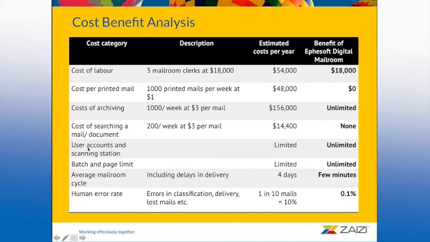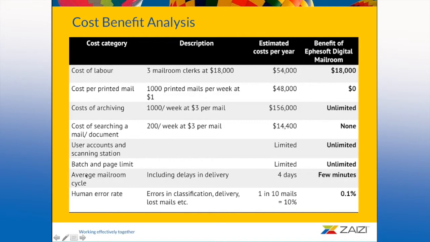The user accounts and scanning stations that you can connect to Ephesoft are unlimited, whereas with other competitors in the market, in most instances, it is limited. The batch and page limit that you can process is also unlimited in Ephesoft.